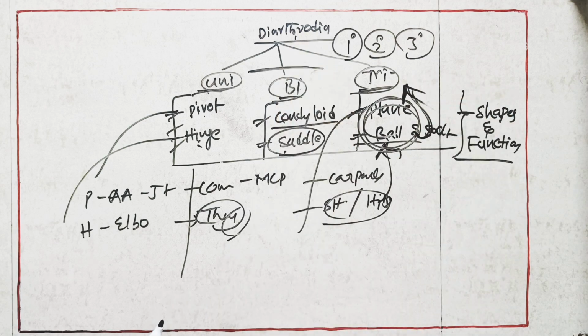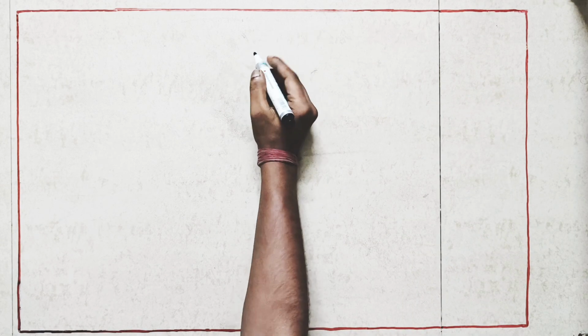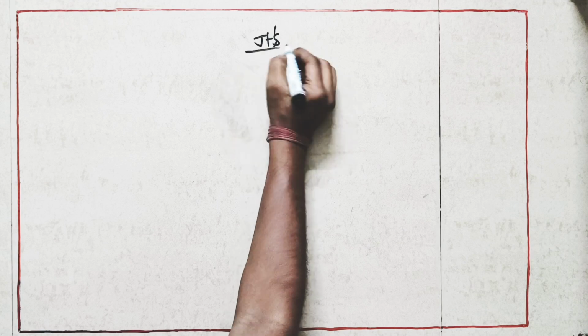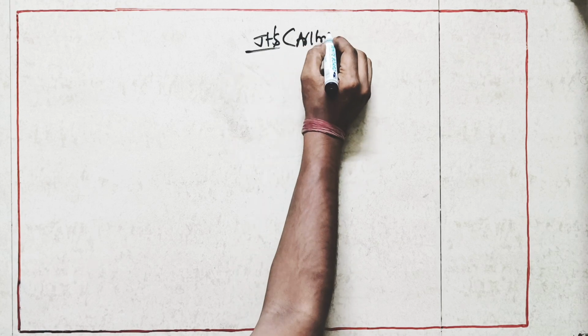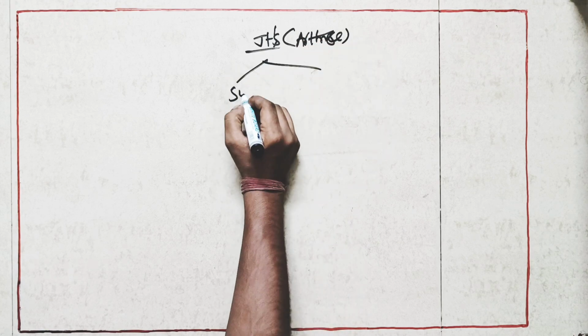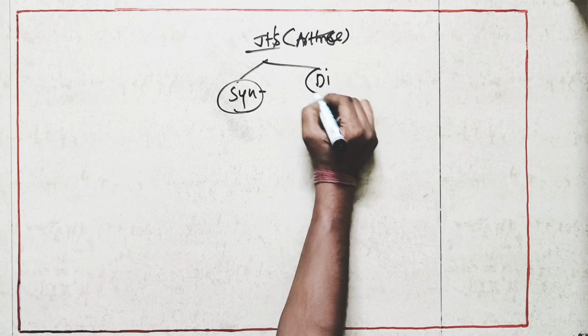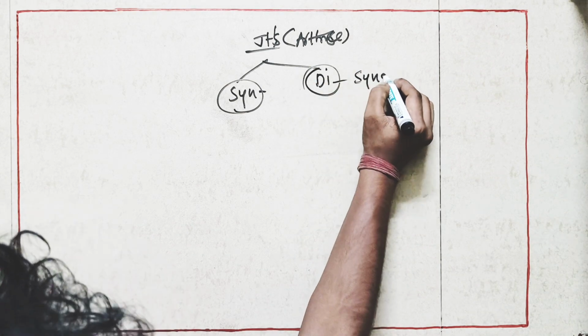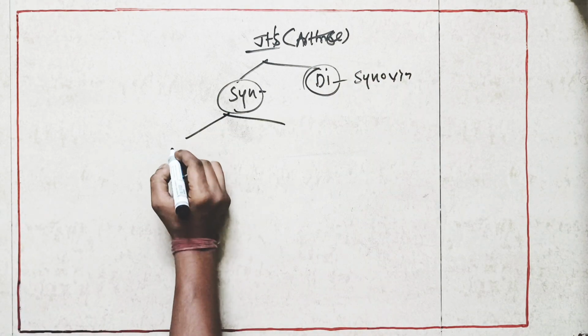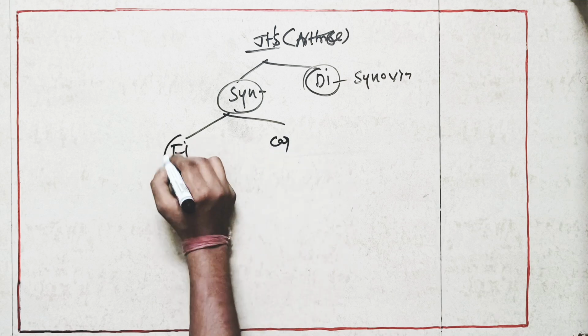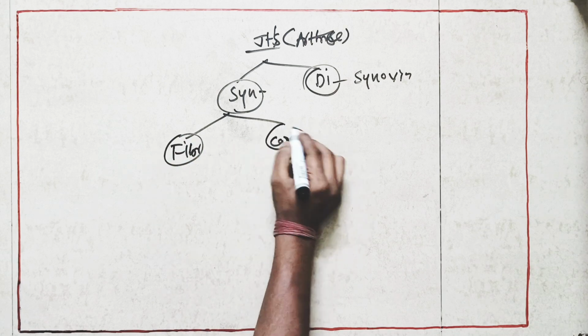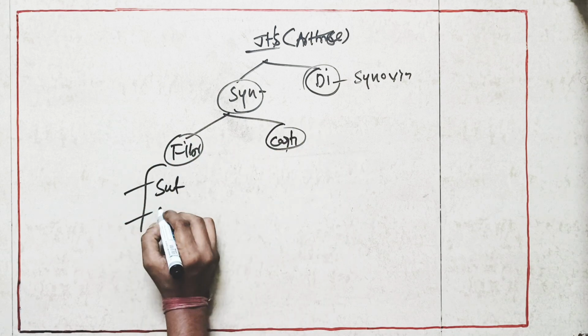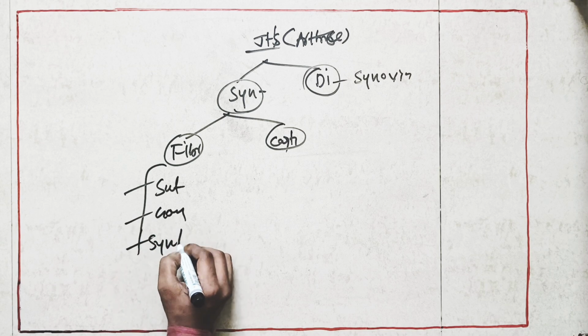Okay, diarthrodial joints. Okay, types of joints. So here joints also called as arthroses, types here will be having synarthrodial joints, then diarthrodial joints also called as synovial joints. In this synarthrosis we will be having fibrous joint and cartilaginous joint. In this fibrous will be having sutures, gomphoses and syndesmoses.